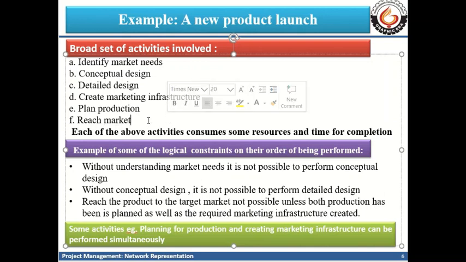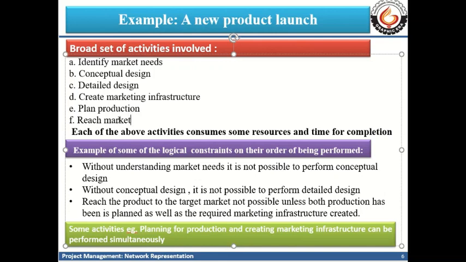After identification of market needs, you go ahead with developing a conceptual design, then a detailed design, then you create a marketing infrastructure, you plan your production of that product or service which will be meeting the market needs, and then finally you reach out to the market and have the sales of that particular product or service.